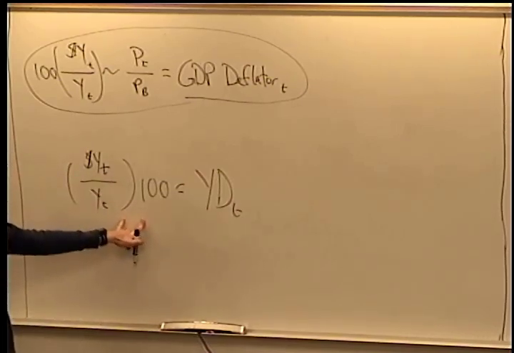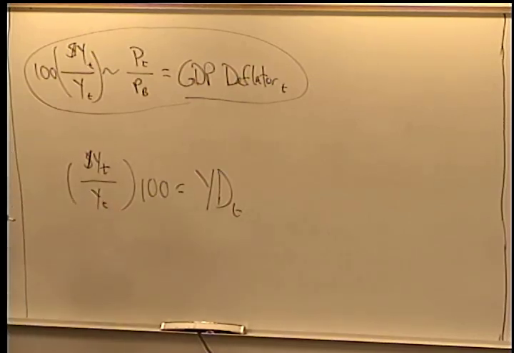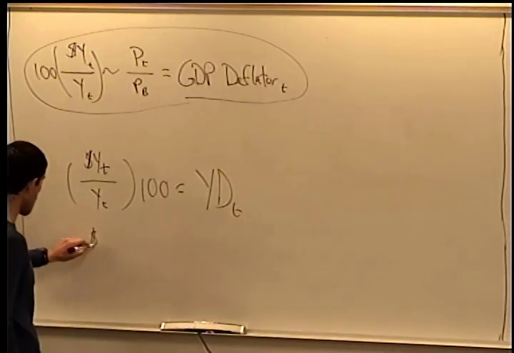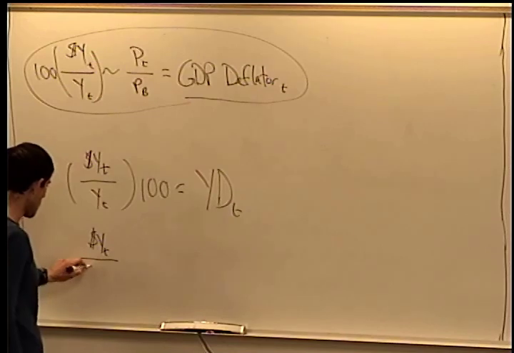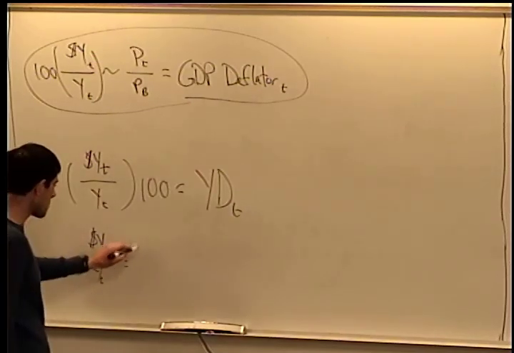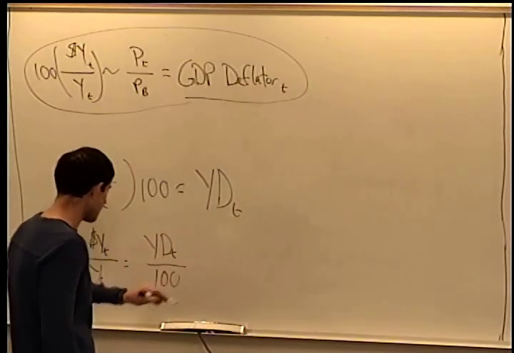Well, I can use this equation and rearrange. So I want to solve for YT. Well, what I can do is I can divide by 100. So that gives me $YT, nominal GDP over real GDP, equals the GDP deflator over 100.